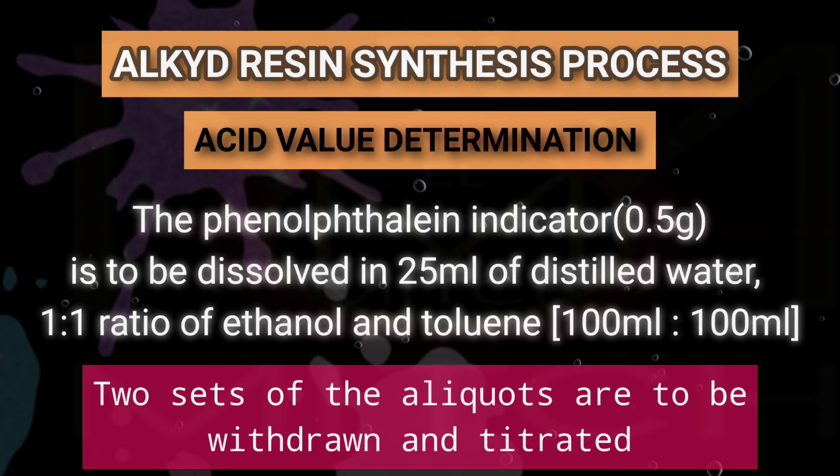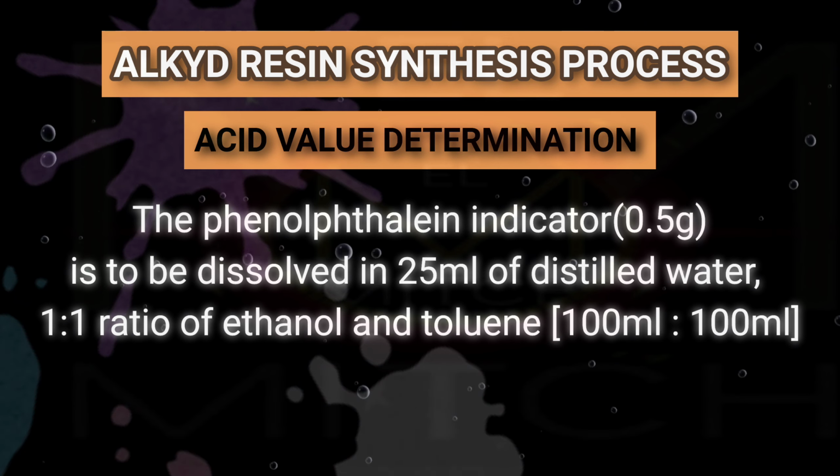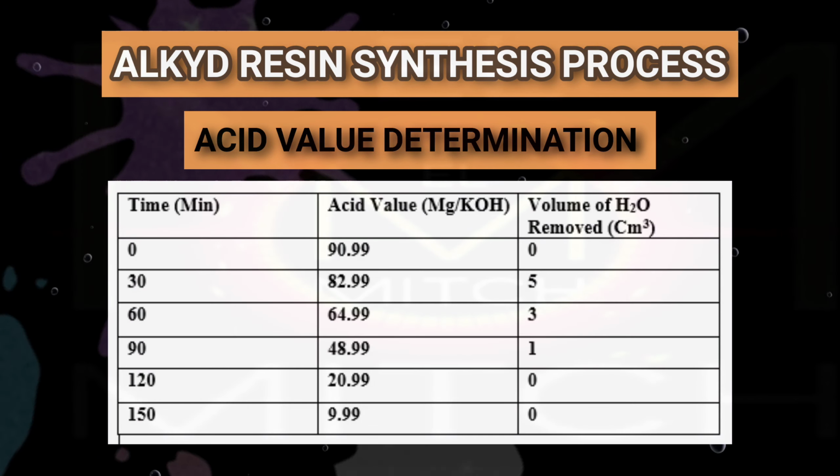The table of values you would obtain from the titration for the individual times, 0 minute, 30 minutes, up to about 180 minutes, depending on when you have the drop in acid value to about 10 milligram KOH, that's potassium hydroxide, should look like this.